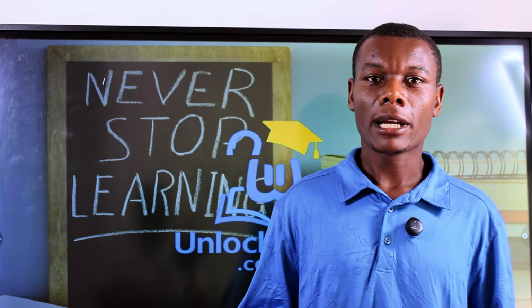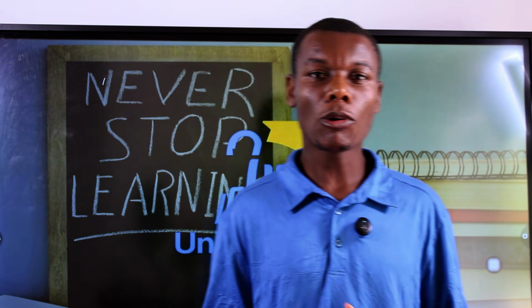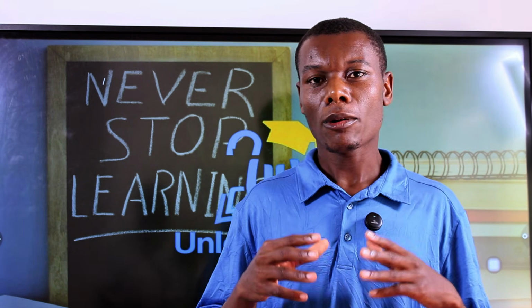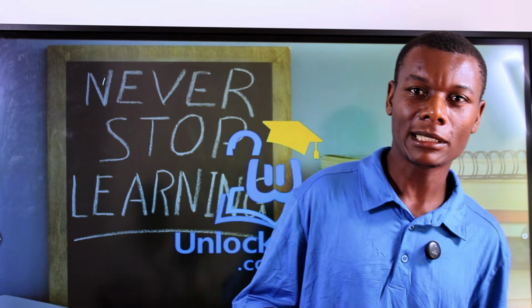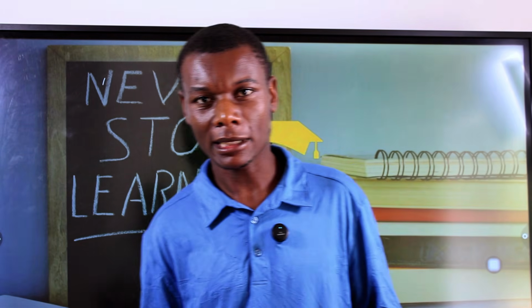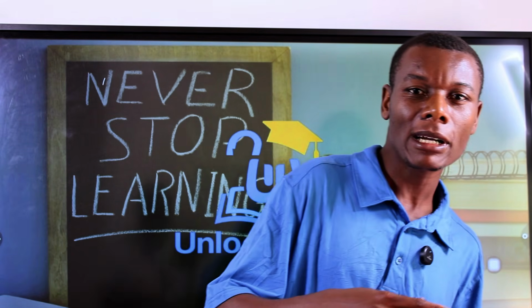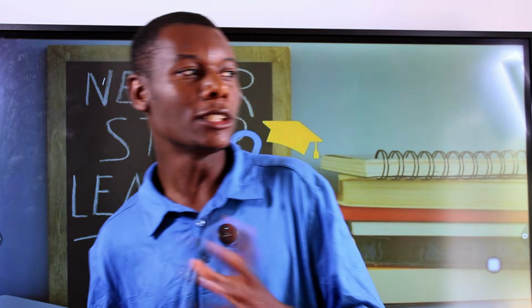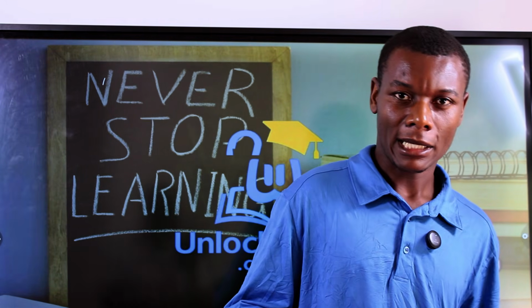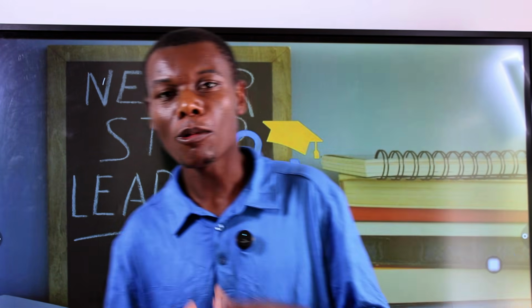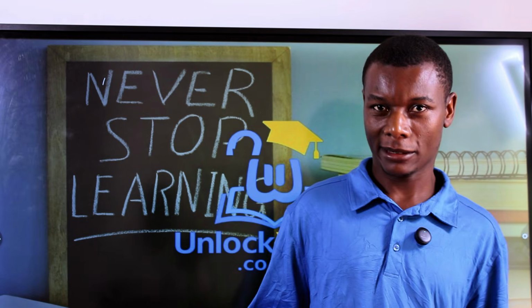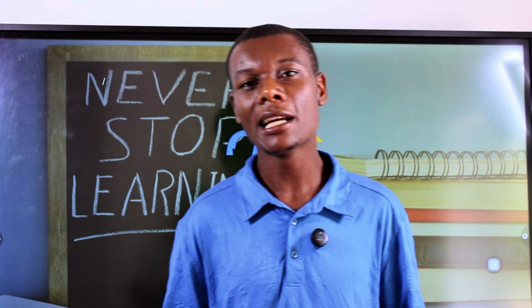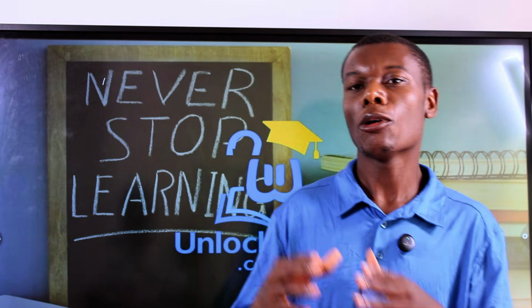Okay, we have quantities which are grouped into scalar quantities and vector quantities. We need to explain what a scalar quantity is. A scalar quantity is a quantity that shows magnitude only.